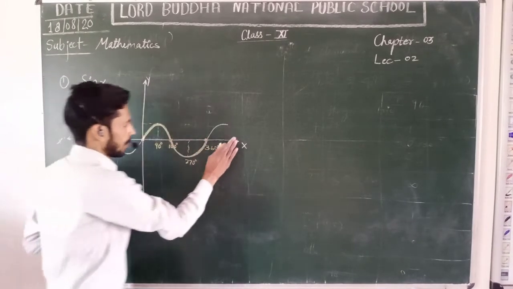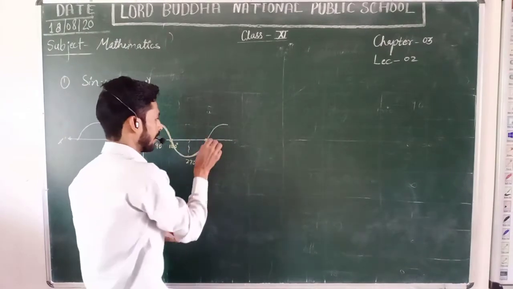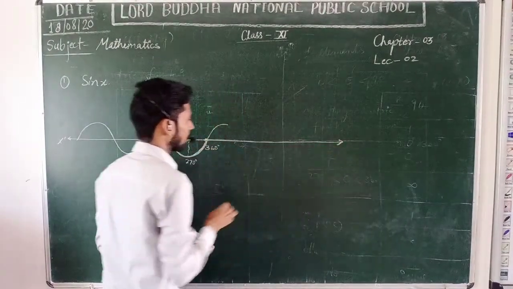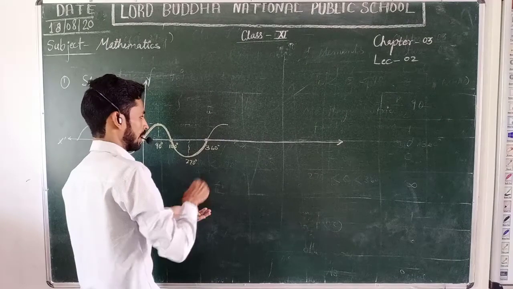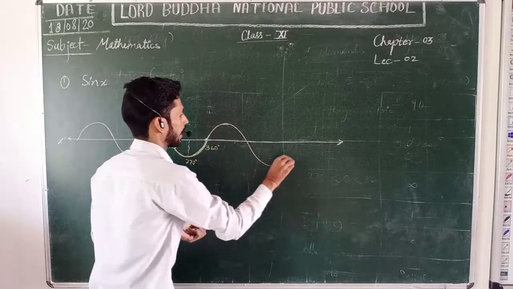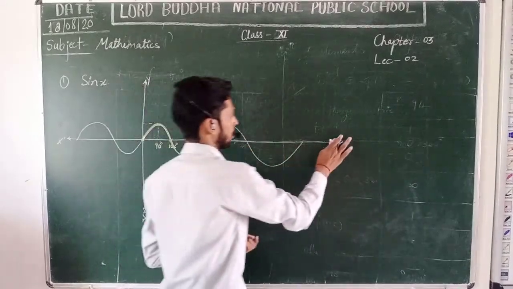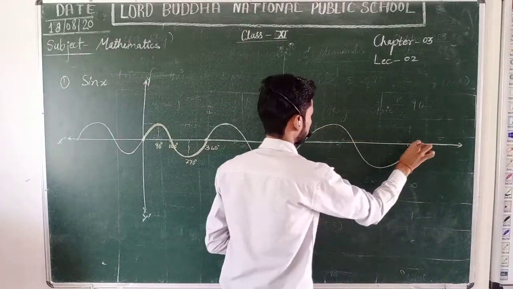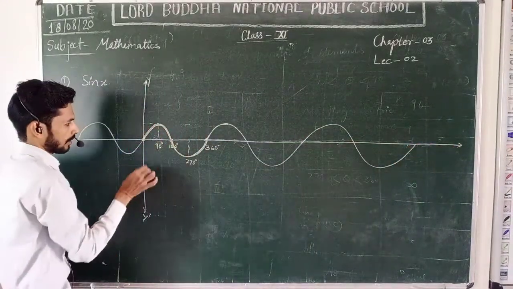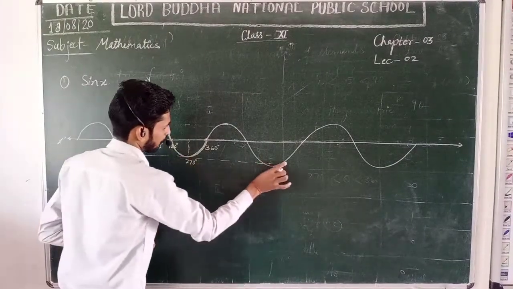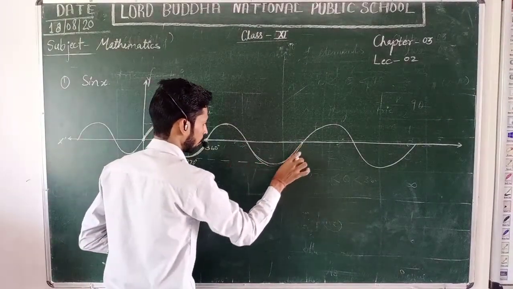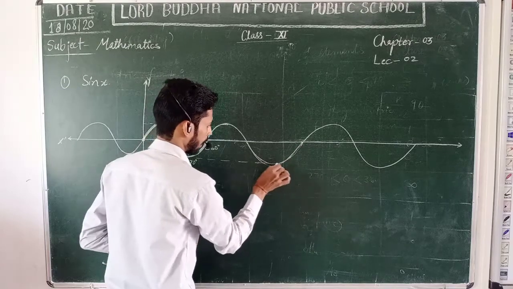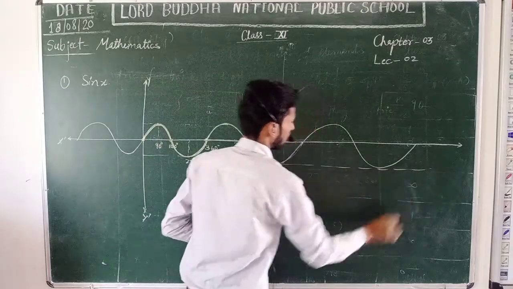And then if this function continues, we can draw it like again one revolution and again one revolution. Remember that the maximum value of these functions should be the same.